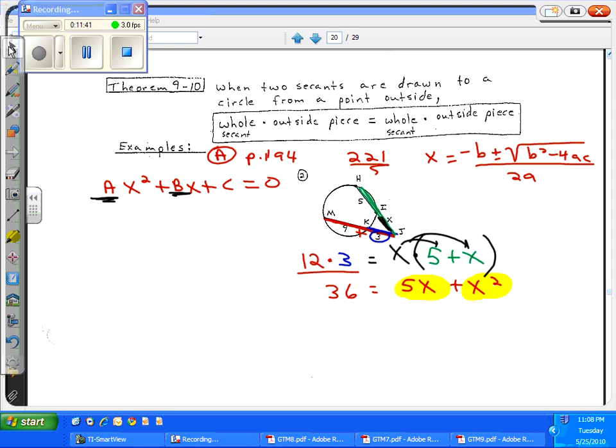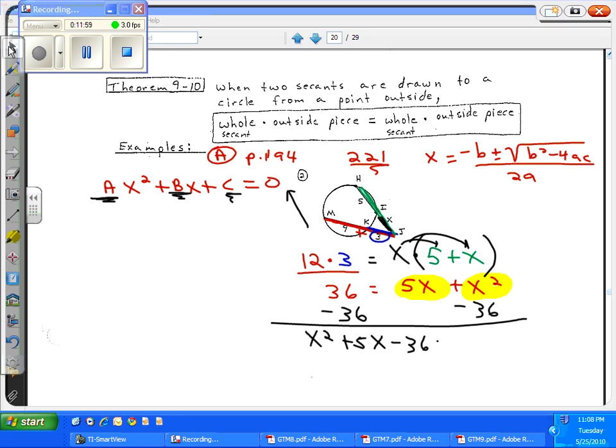But before we can identify the a, b, and c, we must first write it in standard form. Standard form is set equal to 0. So we set it equal to 0. We're just going to stick it under there. We're going to put the x squared first, the 5x second, the negative 36 third equals 0.